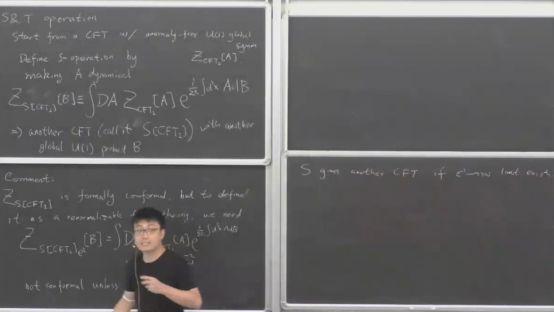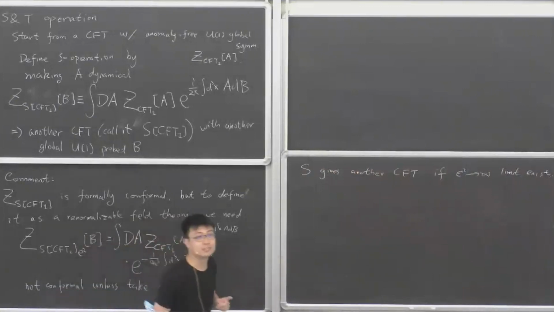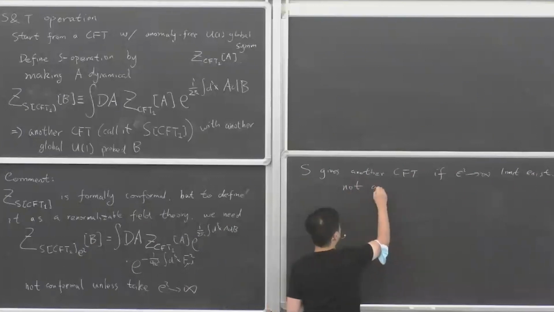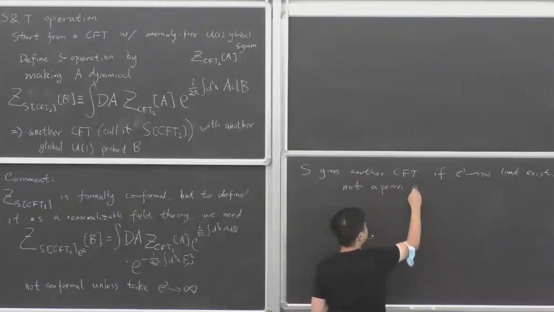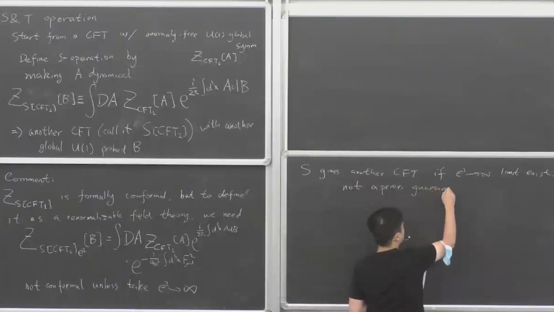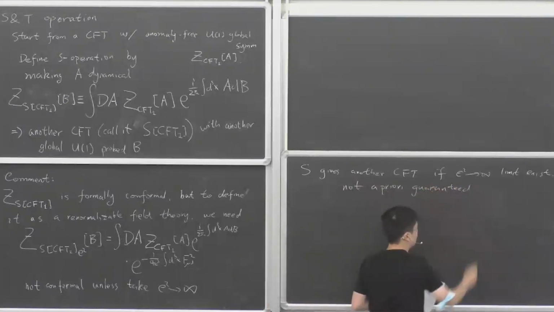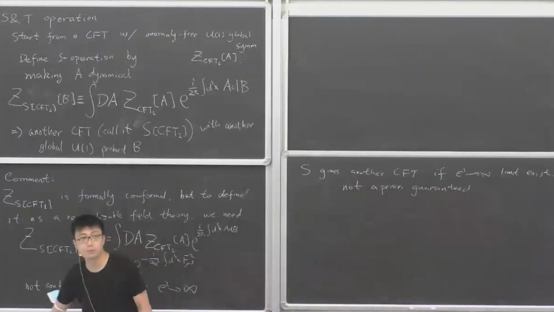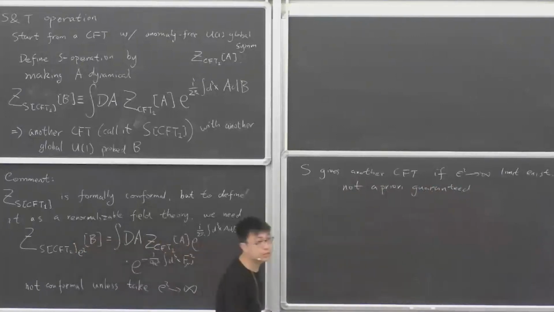And that's not always the case, it turns out, which is not a priori guaranteed. And in fact, we discussed a counterexample of this yesterday. Let's say you start from the free boson, the Gaussian theory. You couple to a Maxwell U1 gauge theory. The theory is unstable. It flows to some first order stuff.